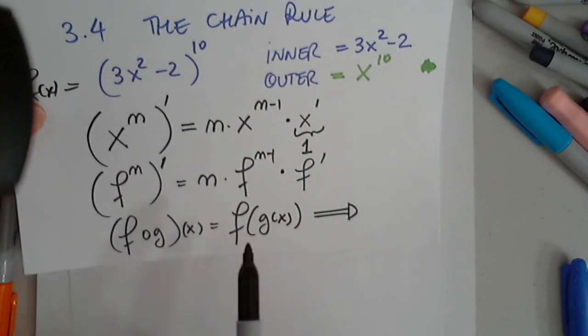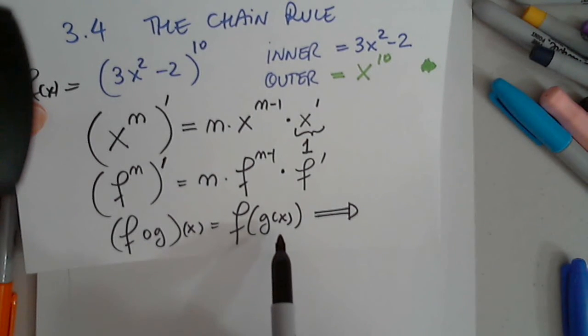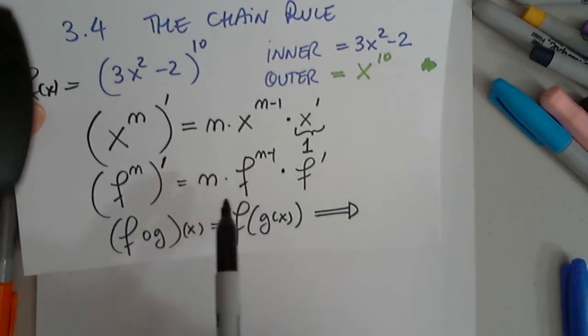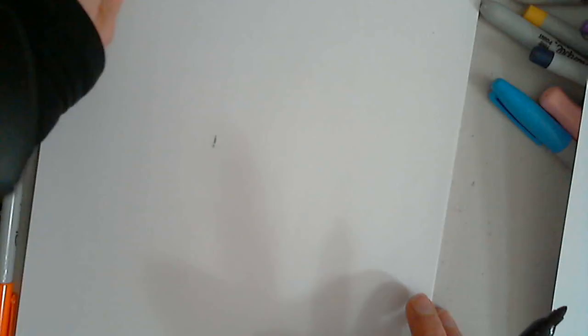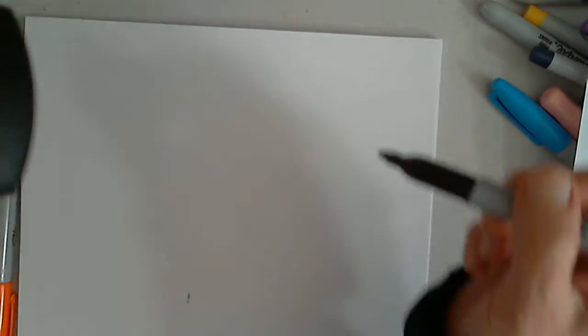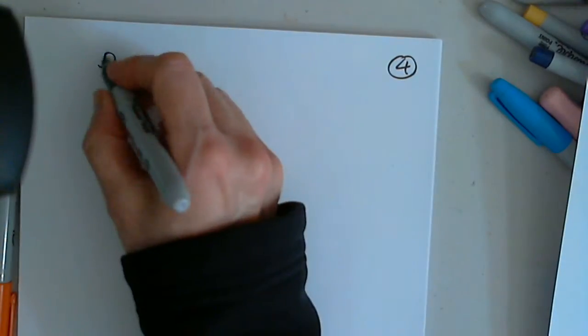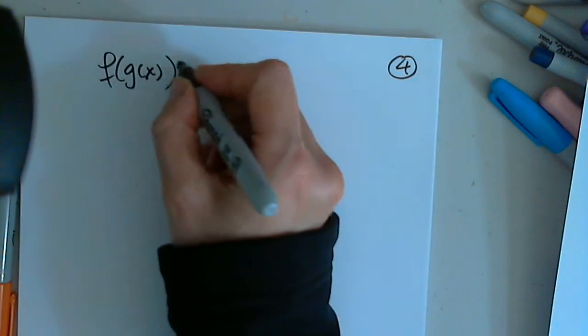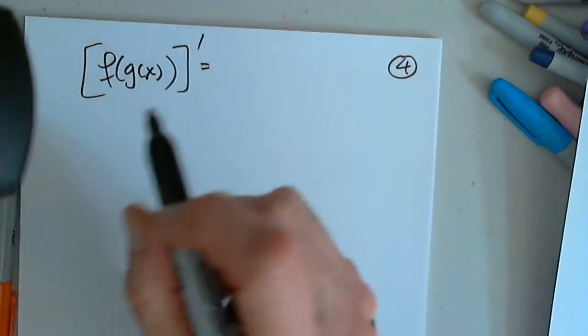So now I'm going to differentiate f of a function. And that's exactly the same, but without the power. So f of g of x prime.